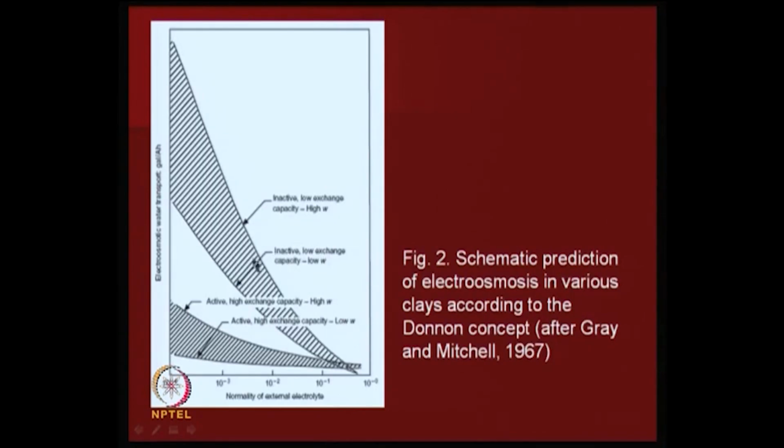If water availability is there, definitely you will have a higher yield, or water removal from the soil, because of the electroosmotic forces. So, the electroosmotic forces are quite useful in removing the water.